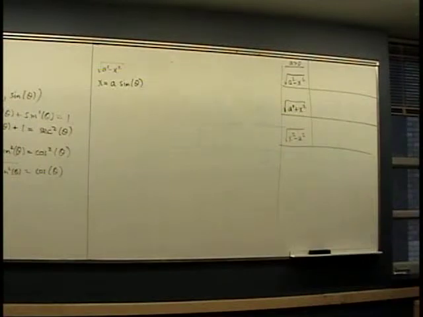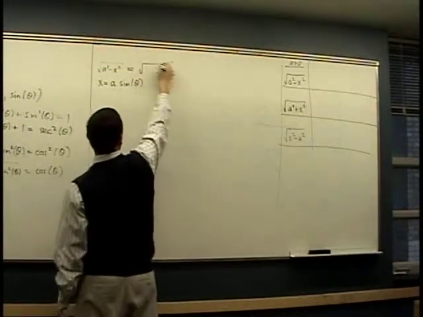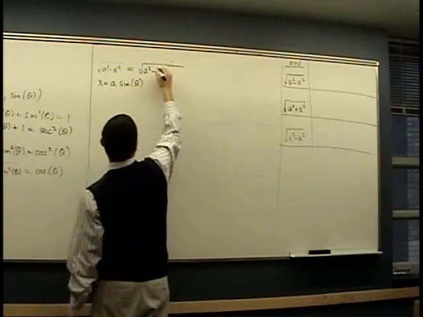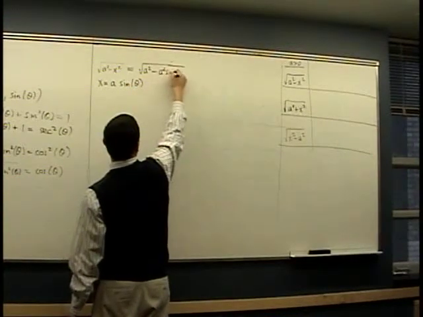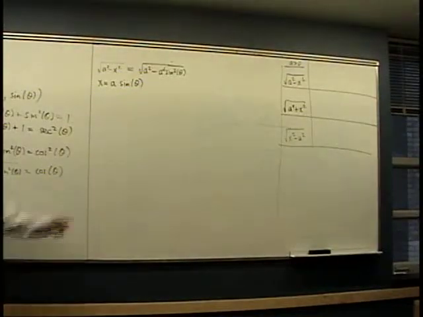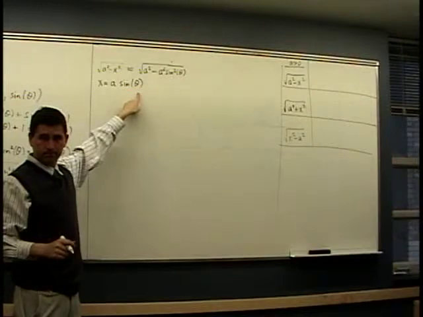Now let's see how that plays out. If I make that substitution, then this square root becomes the square root of a squared minus a squared sine squared theta. X squared is now a squared sine squared theta.